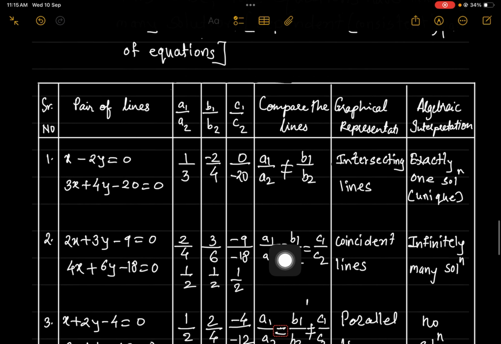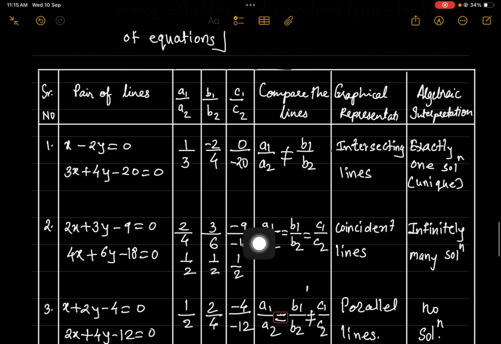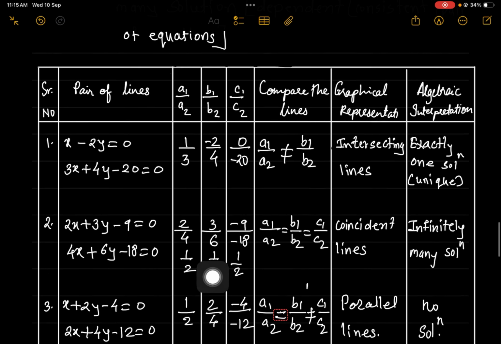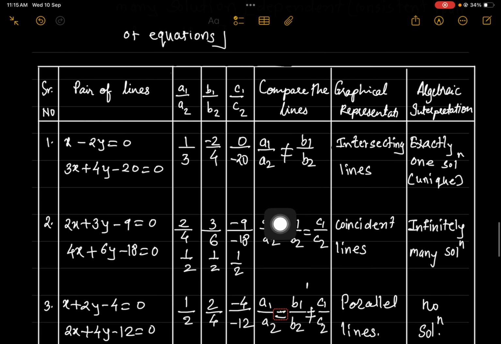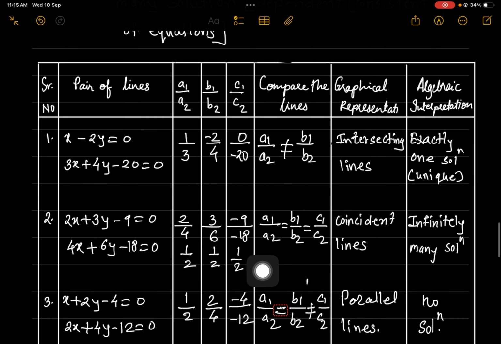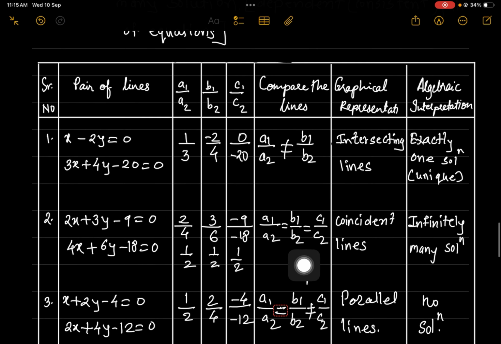Those are in proportion. Now see, this is 2 upon 4, 3 upon 6, all different numbers, but their ratios are coming the same. Those numbers are different, but the ratio is the same. So many numbers will come like this, though the numbers are different, the ratio may be the same. So it is infinitely many, and they are coincident because their ratios are the same.